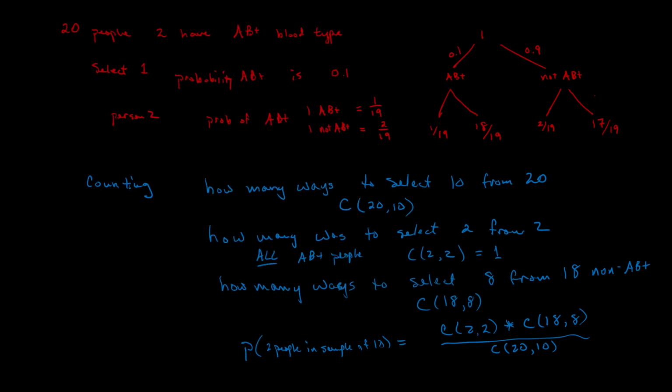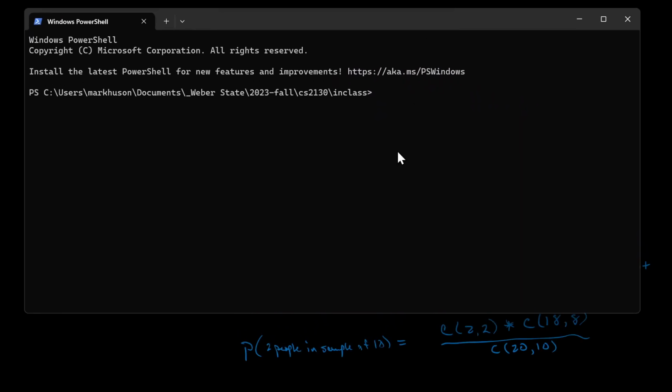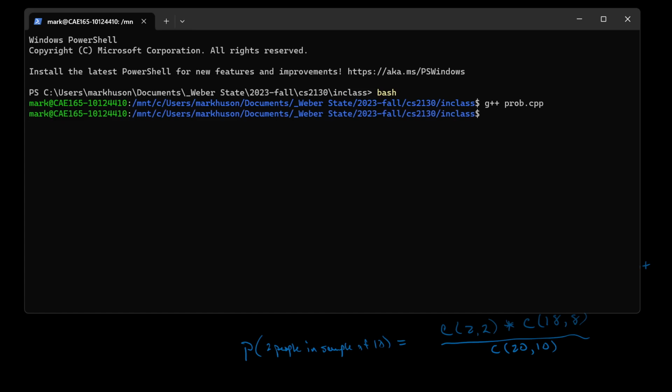But I am going to show you my secret sauce for trying to get all this stuff done. In class, I have bash. I use a Windows subsystem for Linux. I'll do g++. I called it prob.cpp. It gives me an a.out.